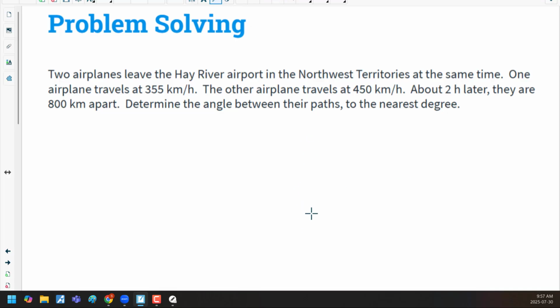Okay, so you have an airport. One is traveling, let's say, in this direction, and the other is traveling in this direction. It doesn't really matter, just pick two random directions.